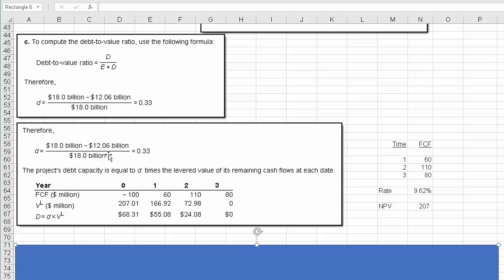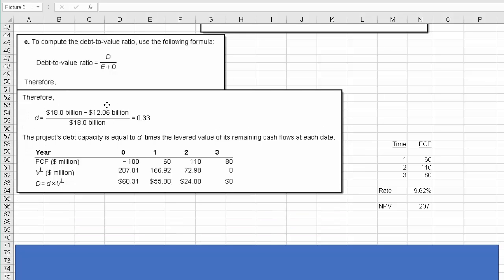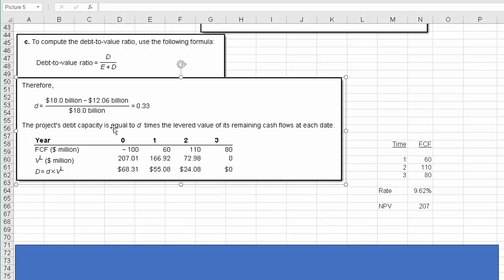And by the way, this is just a repeat. You could probably put this just like that. Okay, and then what do we have? The project's debt capacity would be equal to that debt to value ratio times the levered value of the remaining cash flows.